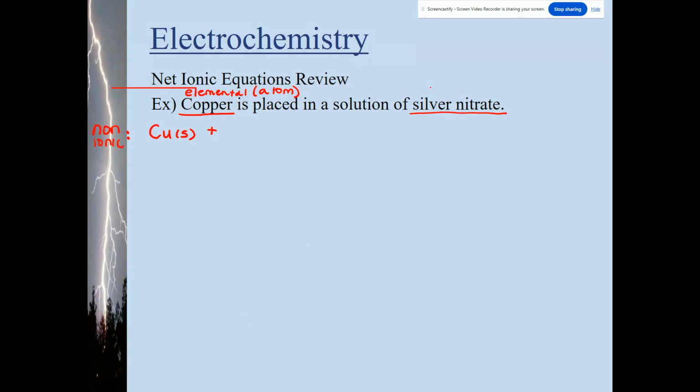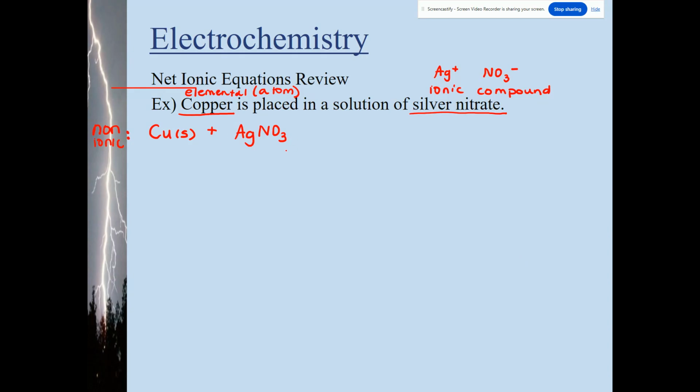Then I have an ionic compound that I'm mixing it with, which is silver nitrate. When I have an ionic compound, remember, we're looking up ion charges and balancing ion charges to write the formula for that compound. So silver as an ion has a 1+ charge, nitrate as an ion has a -1 charge, so I need 1 silver with 1 nitrate.